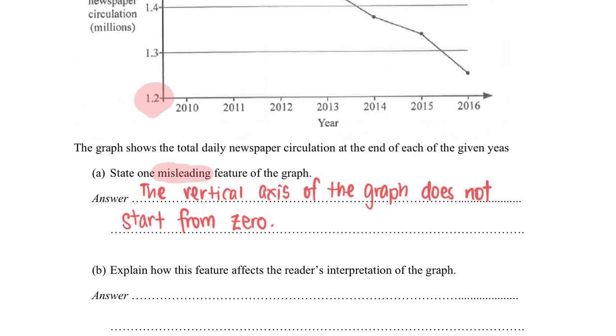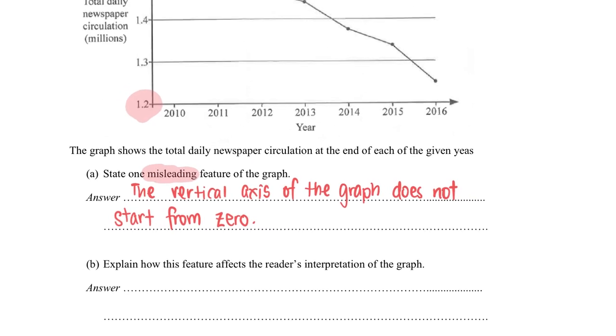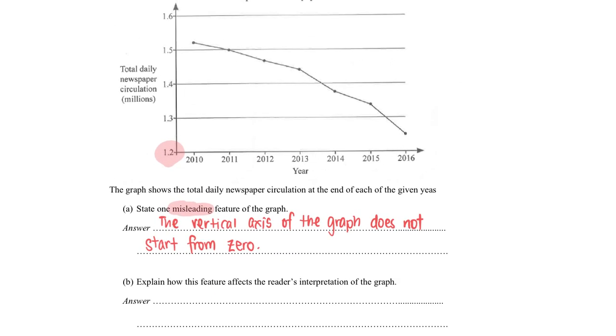And now, why does this feature affect our interpretation of this graph then? Well, because it does not start from 0, right? Just by looking like this, it gives that impression that the newspaper circulation actually is falling very fast and very significantly.